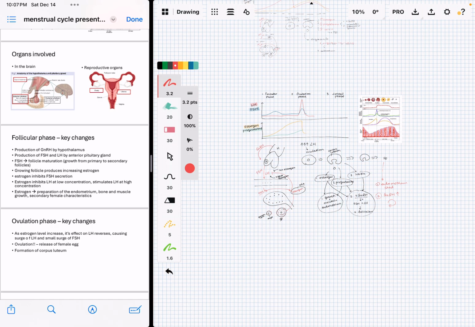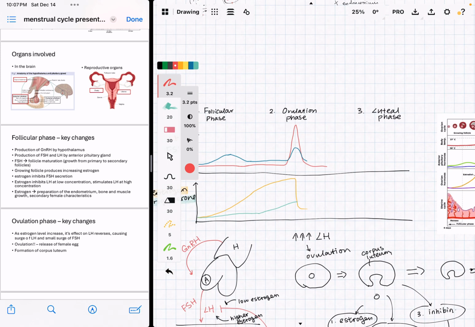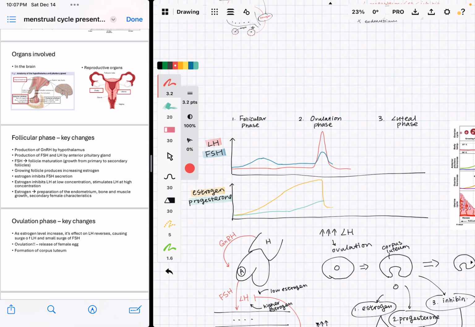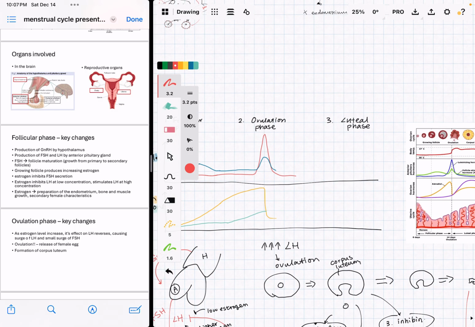Okay, so that's basically all the events that will happen in a menstrual cycle. Now can you tell me how the levels of hormones might change? Let's start with luteinizing hormone.